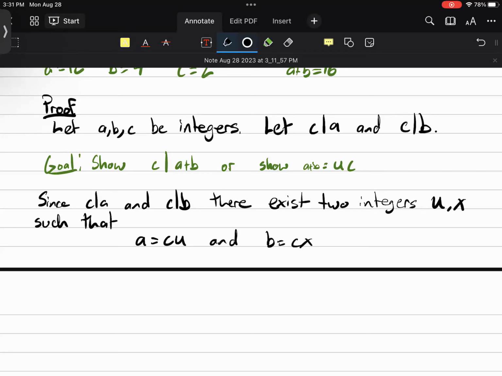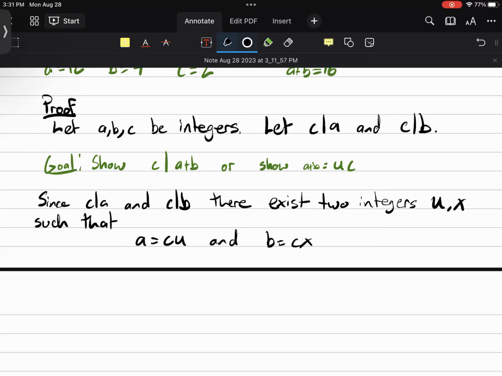Because we know C divides A and C divides B, there has to be some integers, we're going to call them u and x, such that I can rewrite A as some multiple of C and B as some multiple of C. So this is what I'm talking about, just breaking down the definition, using the definition itself.